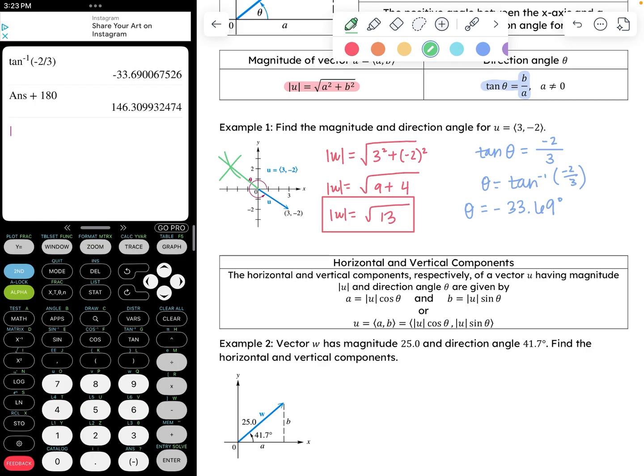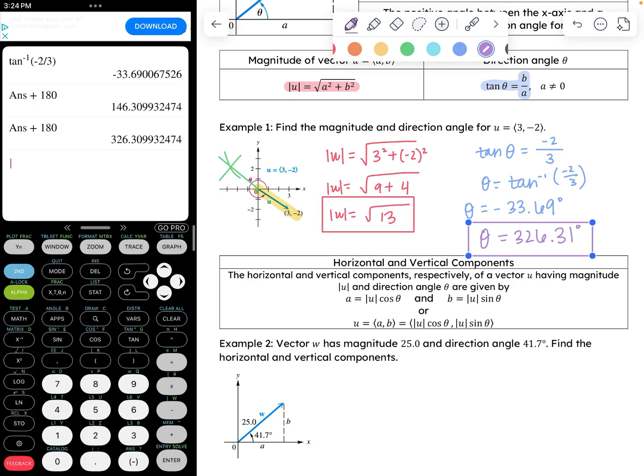So I'm going to add 180 degrees again, which is going to get me 326.31, which does get me to my vector down in quadrant 4. So you may have to add the period once or twice to get to the proper quadrant for your angle. So I end up with theta equaling 326.31 degrees.